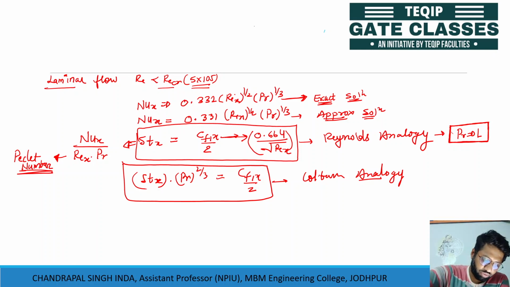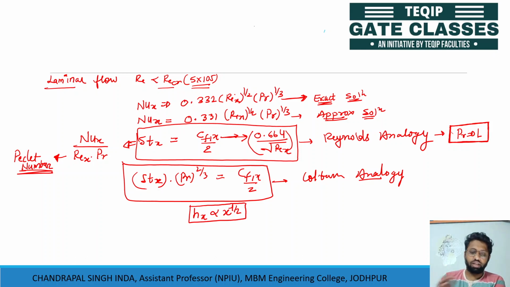Now we had that the convective heat transfer coefficient is proportional to x raised to minus 1 by 2, means the convective heat transfer coefficient decreases as the length from the leading edge increases, or we can say that the convective heat transfer coefficient decreases as the boundary layer thickness increases.